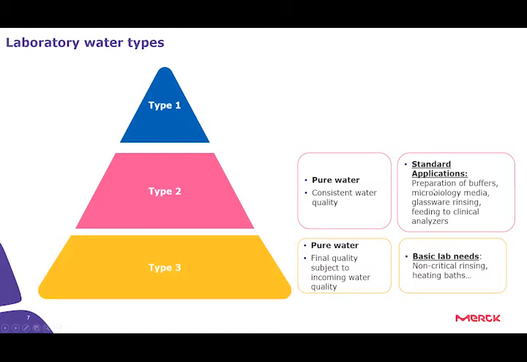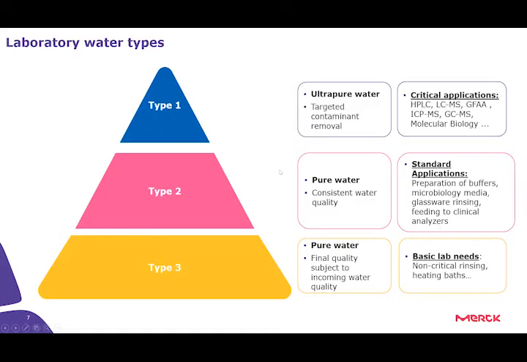The standard applications for that are preparation of buffers, microbiology media, glassware rinsing, and feeding to clinical analyzers. And here we are speaking about type 1, or the ultra pure water, which is targeting contaminant removal. It is mainly linked to critical applications like HPLC, LCMS, ICP-MS, GC-MS, and molecular biology.